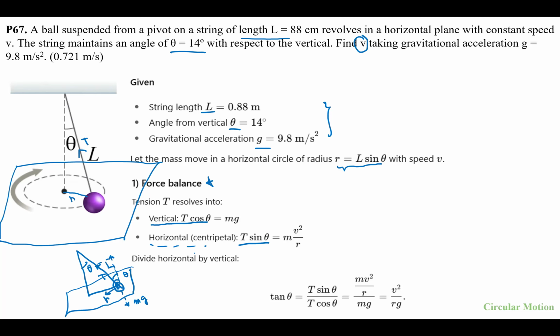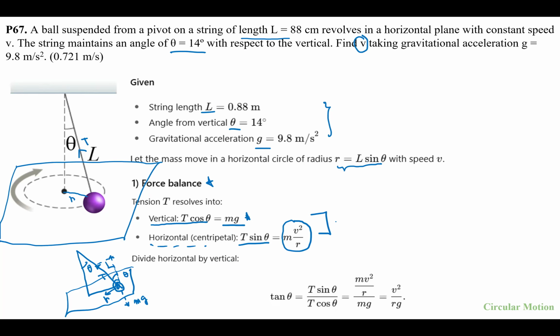So if there is no motion across this horizontal plane, the vertical component of tension should match the downward gravitational force. And if we want to keep a circular motion, this horizontal tension should match the centripetal force for circular motion.